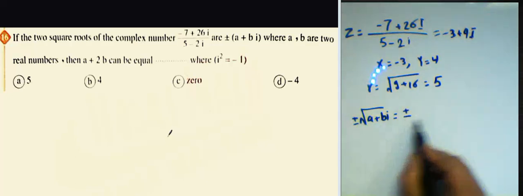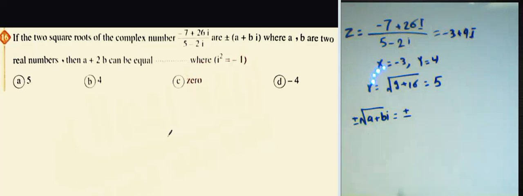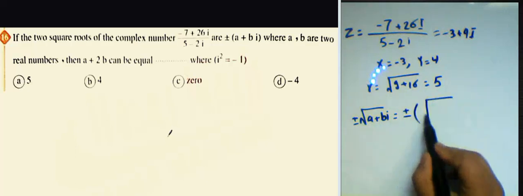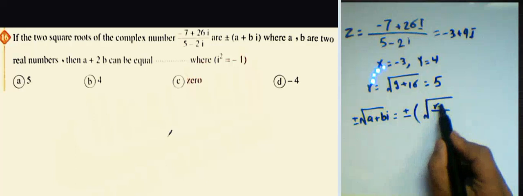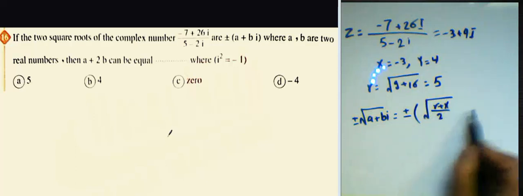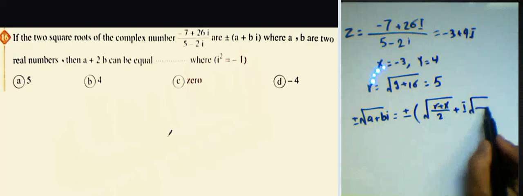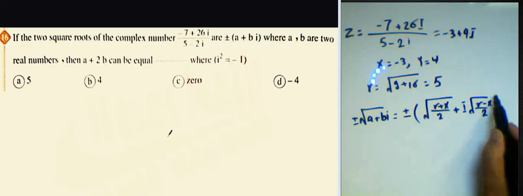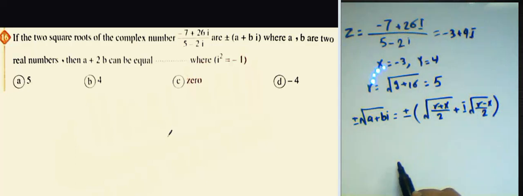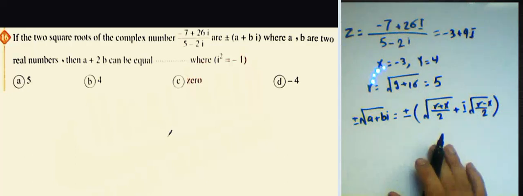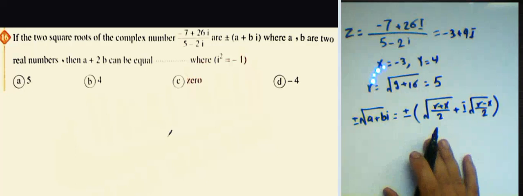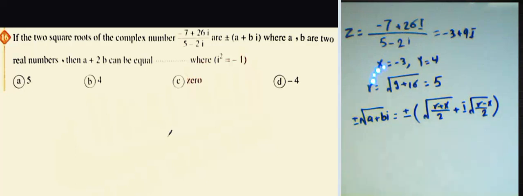We can write positive or negative this rule: square root of r plus x over 2 plus i multiplied by square root of r subtract x over 2. We use this rule to find the two square roots of a complex number.